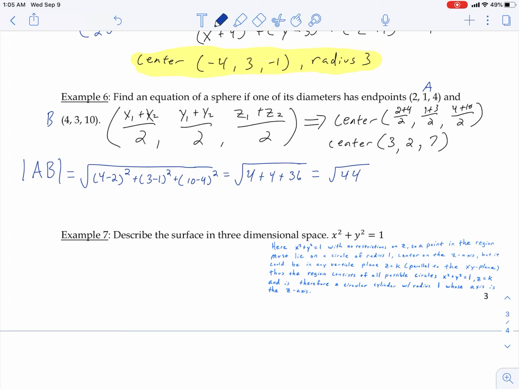So that means that is our diameter. We can simplify this to be 2 square roots of 11, because 4 times 11 is 44. Square root of 4 is 2. So therefore our radius, just divide our diameter by 2, is going to be the square root of 11. And so there's our answer for that.